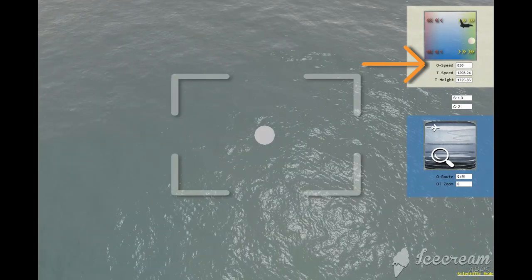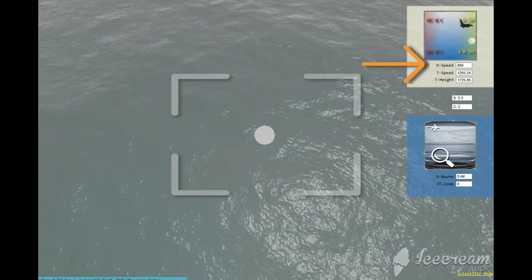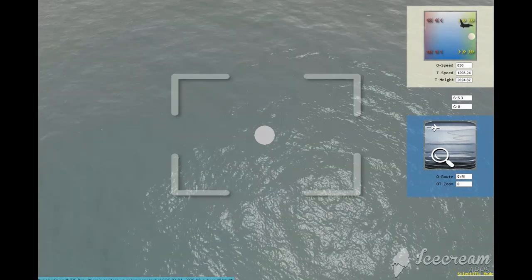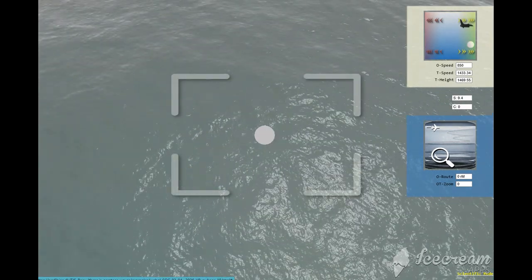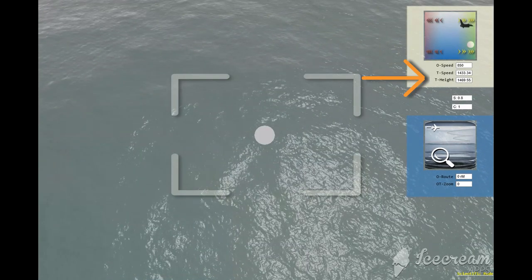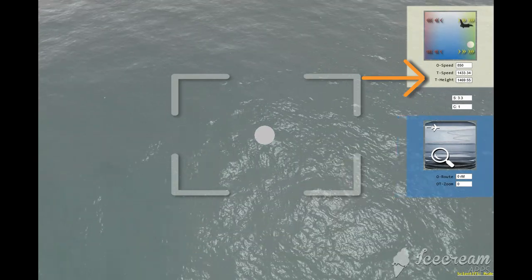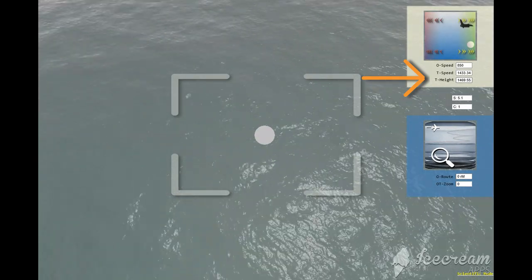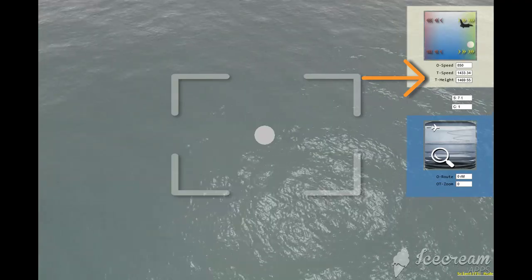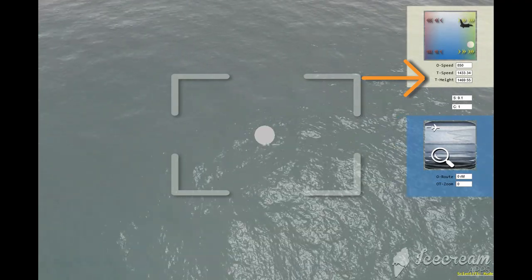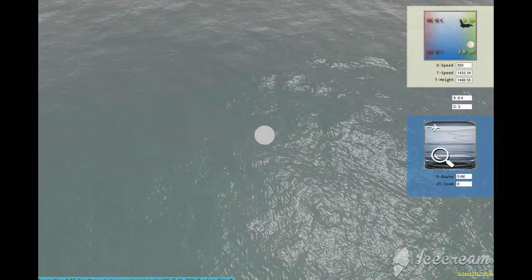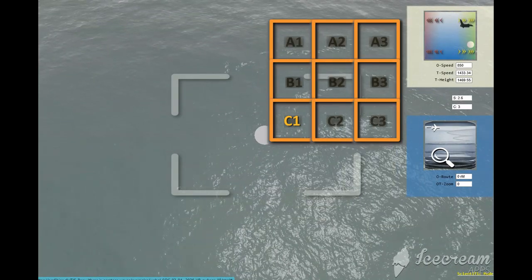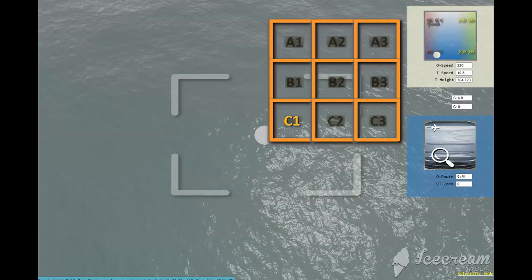Again, we can move up and down with the observed target height, and right now it is at around 1470 feet in height.